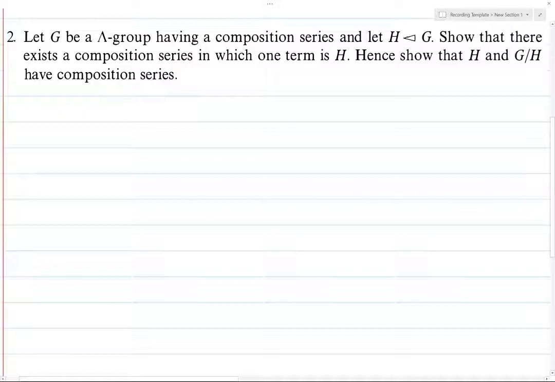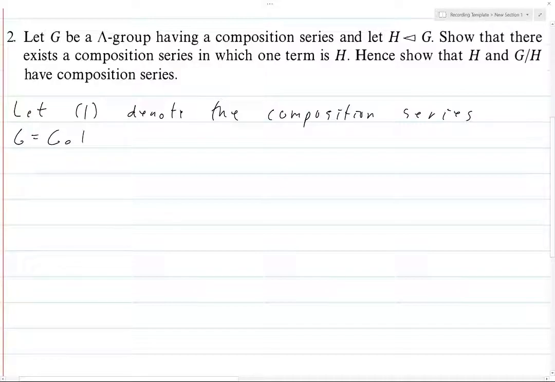So anyways, let 1 denote the composition series G equals G0 contains G1 and so on, ending with Gm, which is equal to E. Because we're assuming that G is a lambda group, we're assuming that G is a group with a composition series.